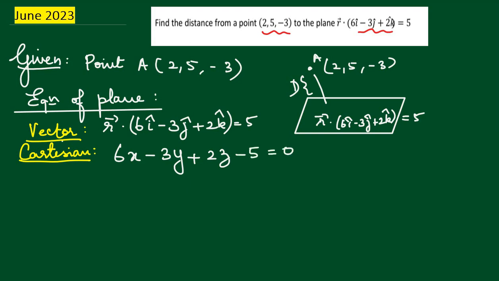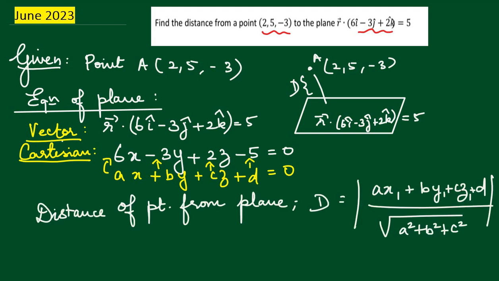Now the equation is of the form ax plus by plus cz plus d is equal to 0, where a is equal to 6, b is equal to minus 3, c is equal to 2 and d is equal to minus 5 here. We write the distance of the point from the plane. The given point is taken as x1, y1, z1. Now replace all these values.